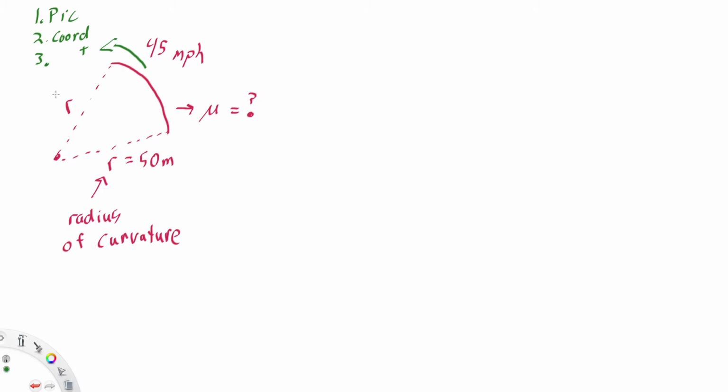Well, it's not a one-dimensional problem because the centripetal force that we're going to be looking for is toward the center. So maybe we'll draw that in. There has to be some friction helping you make this left-hand turn.